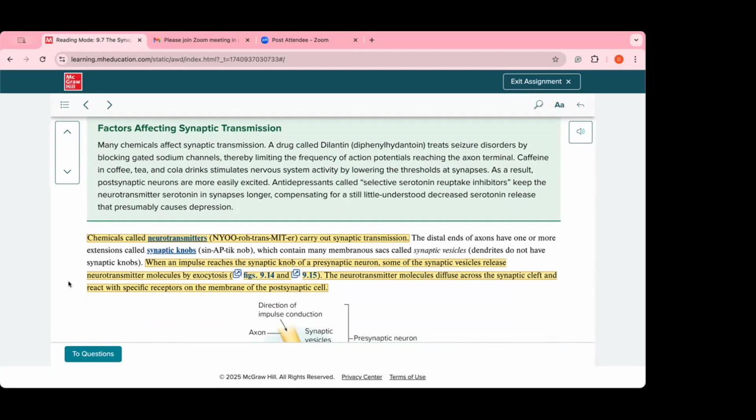When an impulse reaches the synaptic knob of a presynaptic neuron, some of the synaptic vesicles release neurotransmitter molecules by exocytosis. The neurotransmitter molecules diffuse across the synaptic cleft and react with specific receptors on the membrane of the postsynaptic cell.